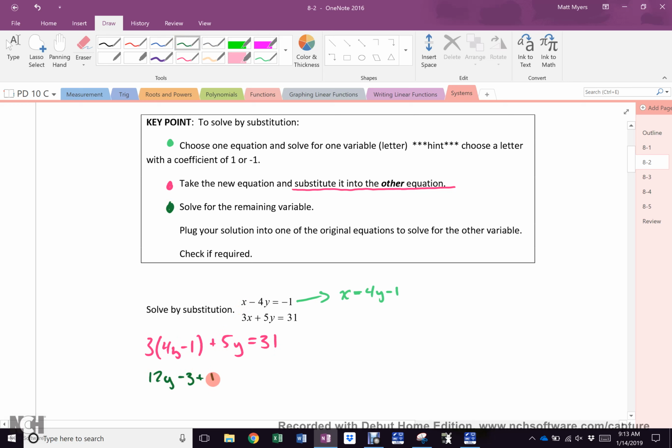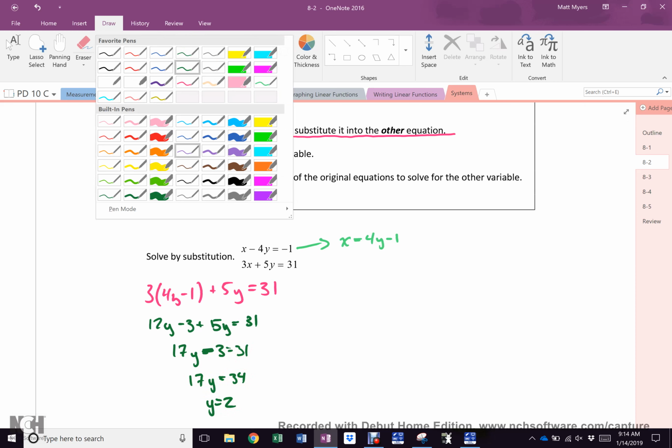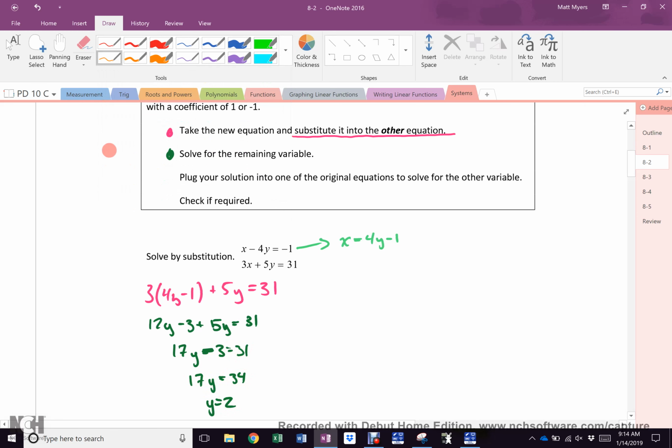12y minus 3 plus 5y equals 31. 17y minus 3 equals 31. 17y equals 34. Y equals 2. If y equals 2, what is the last unknown I have?